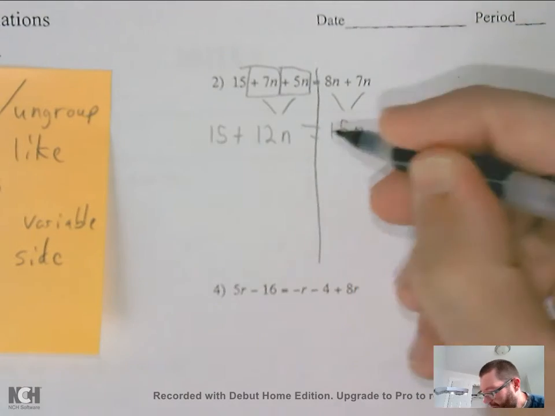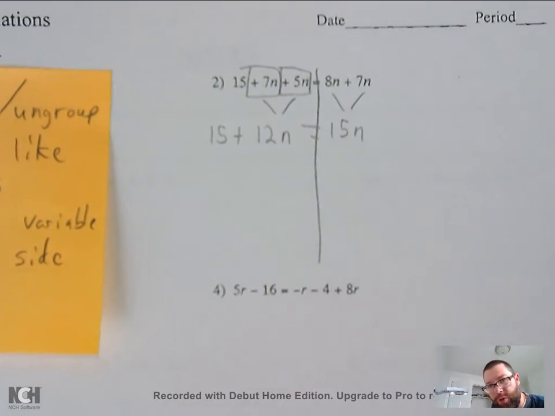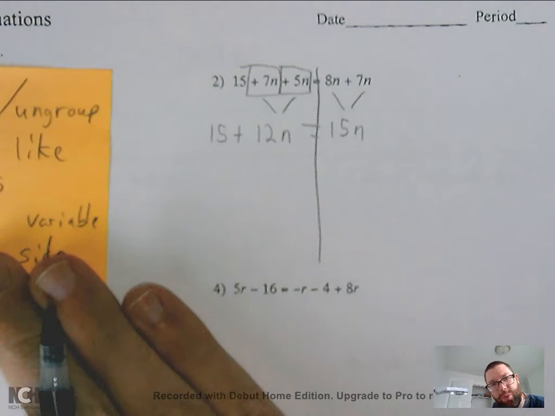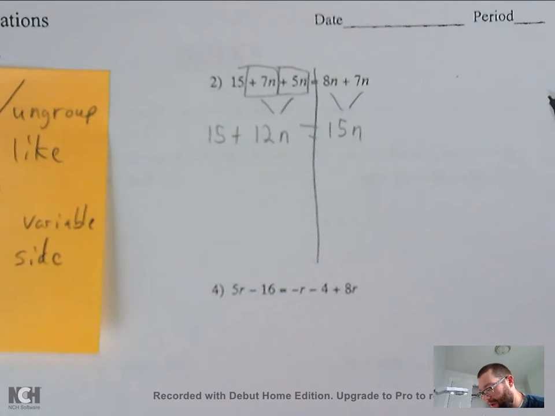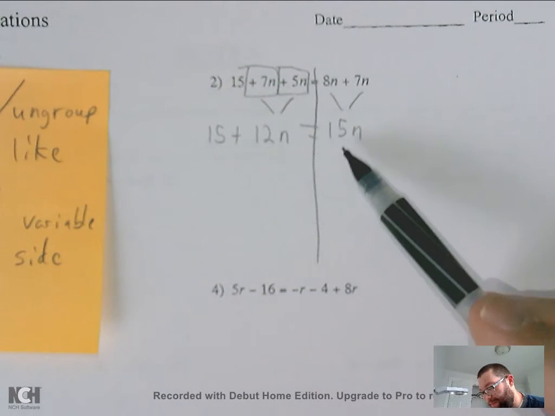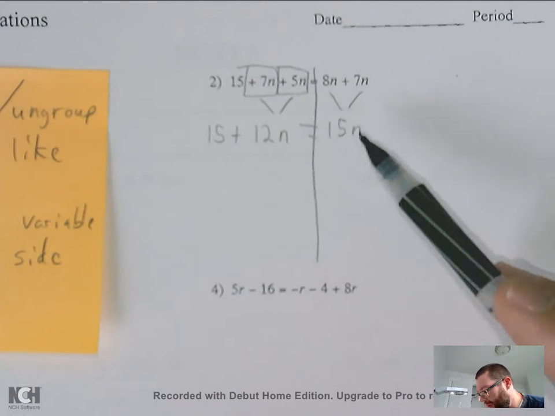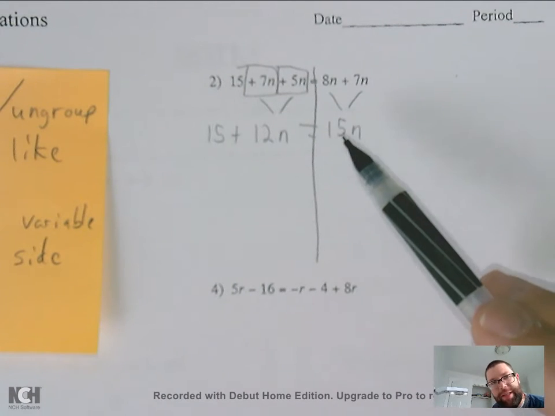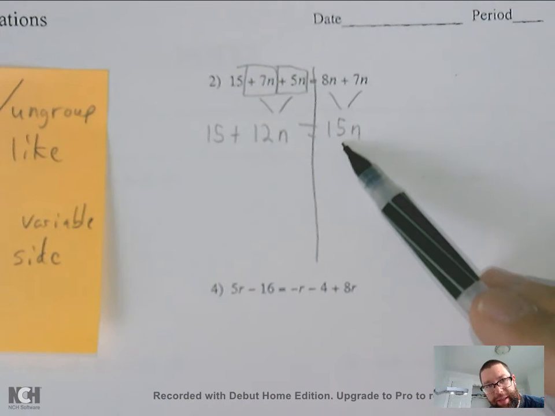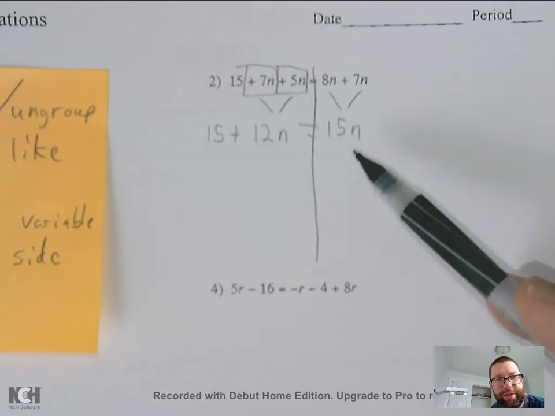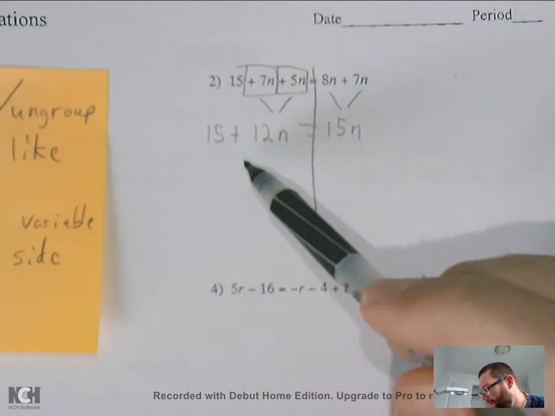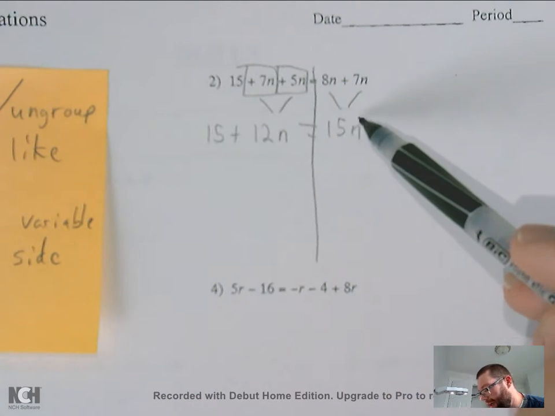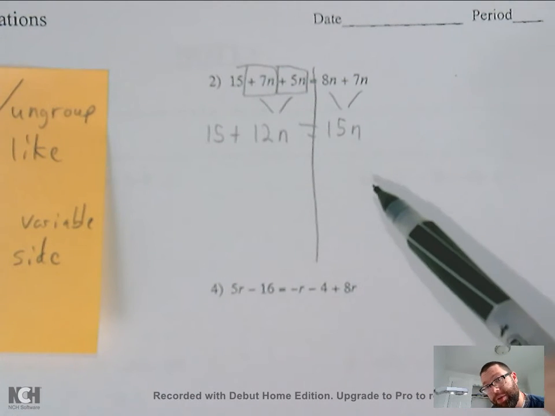Next step is to move the variable to one side. If I move the 15n over to this side, there would be nothing left over here, so the variable has to get moved to this side. This is where a lot of students get confused. If there's only a variable on one side, that's the side you move the variable to.